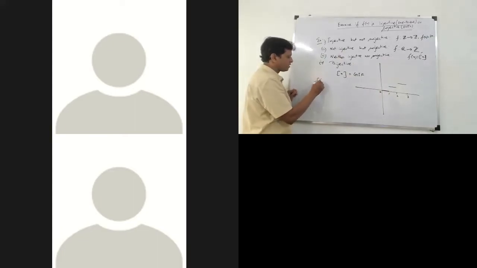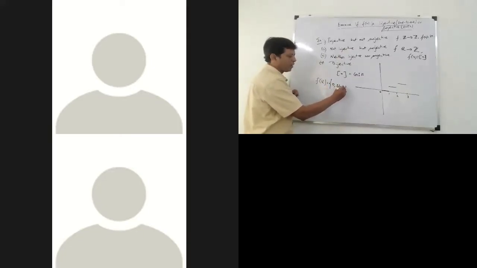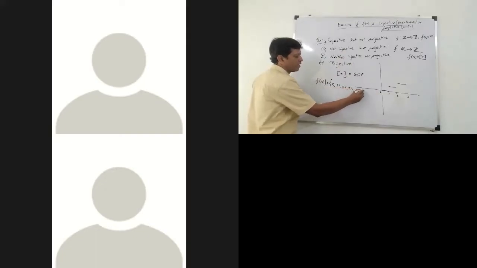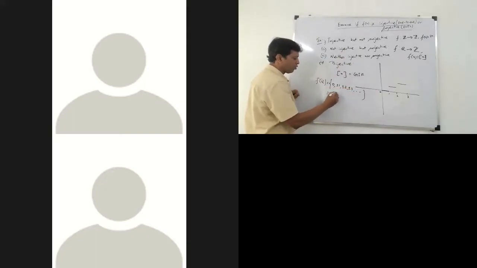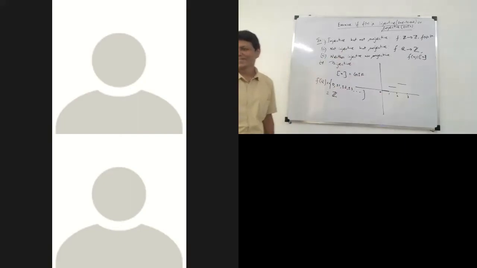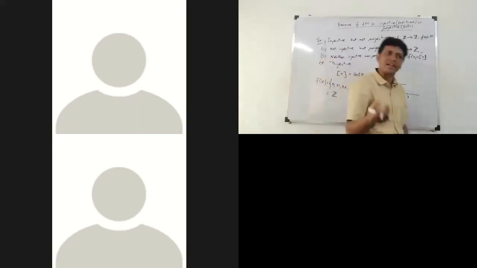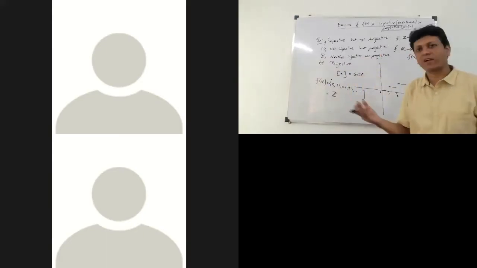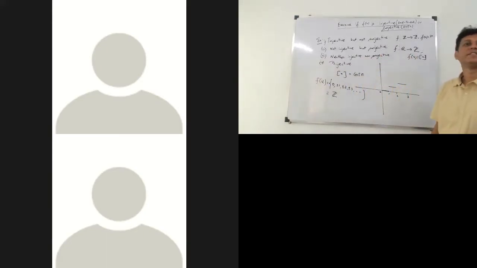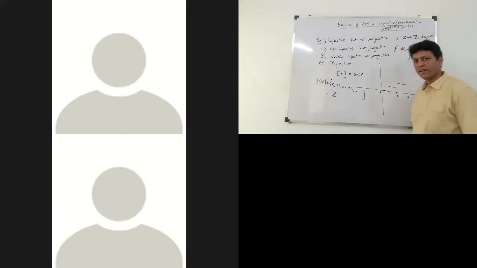The image set is 0, plus minus 1, plus minus 2, plus minus 3, etc. So that is nothing but your codomain, because the greatest integer function takes only integral values. It cannot take other values. So with Z to Z, it would be onto.